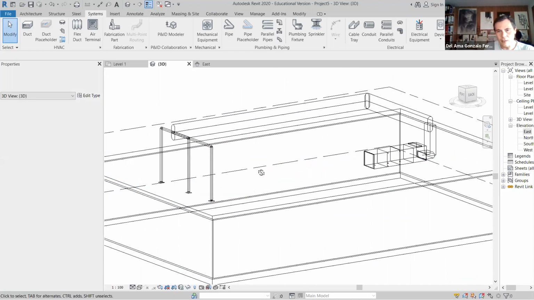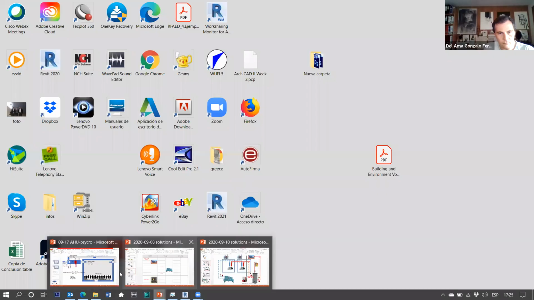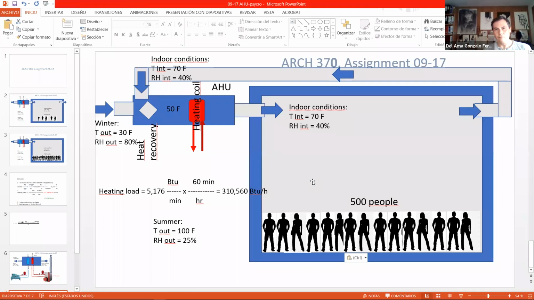But as you can see, we have something similar to the problem here. Okay, those are the terminal units.